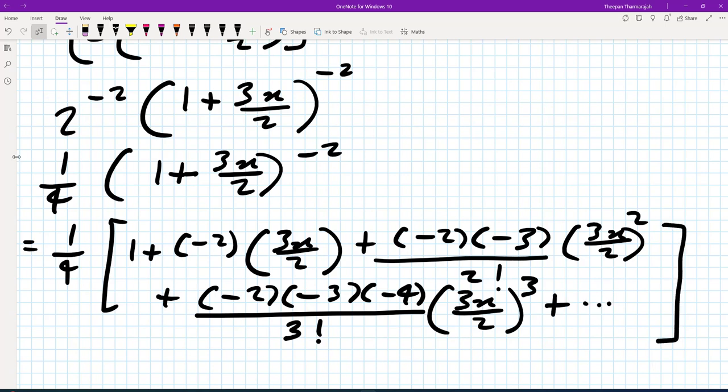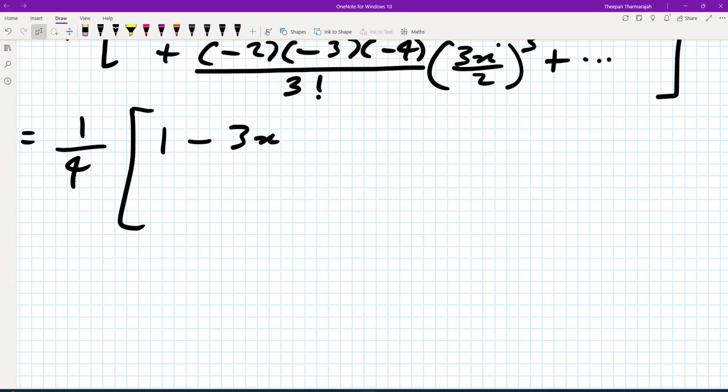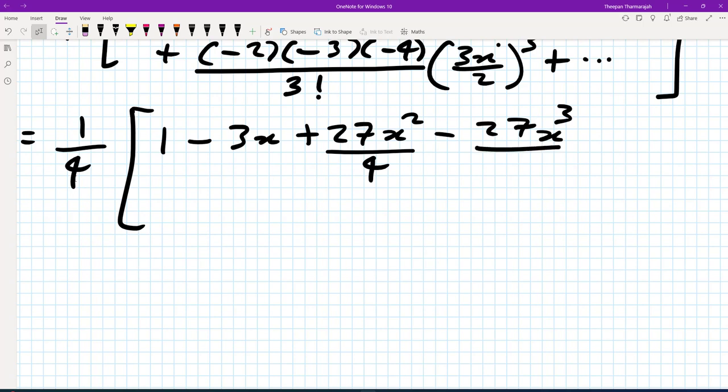And then what we end up with now is a quarter, and then we have, simplifying this on our calculator, 1 minus 3x plus 27x squared over 4 minus 27x cubed over 2 plus other terms.